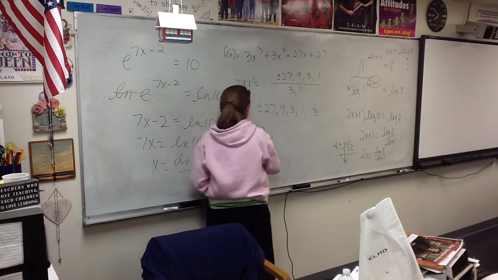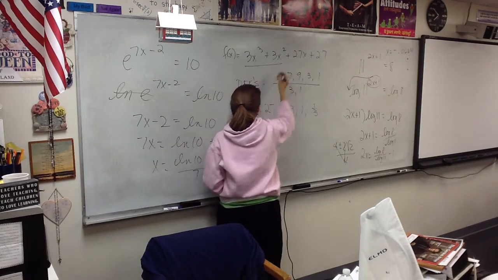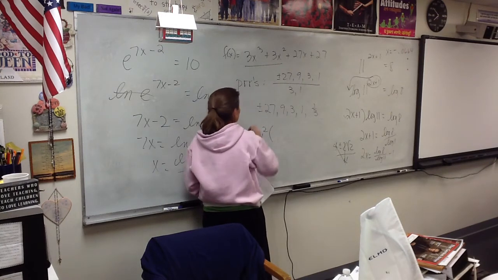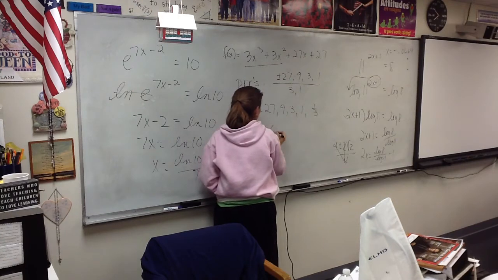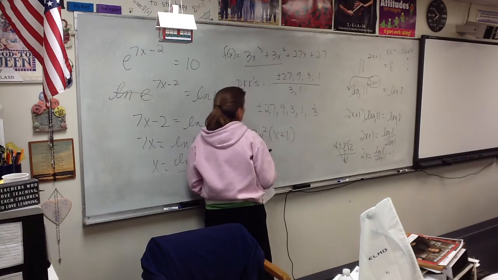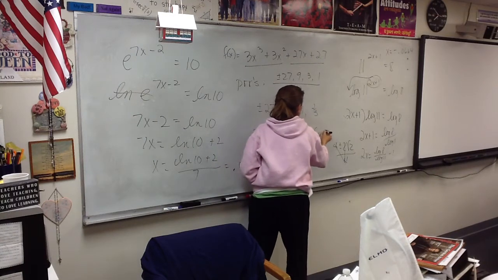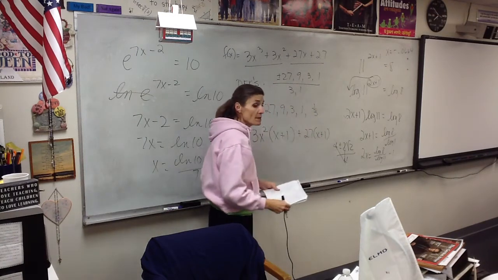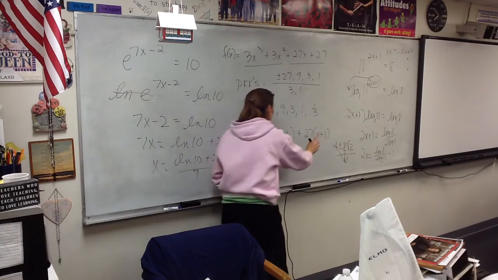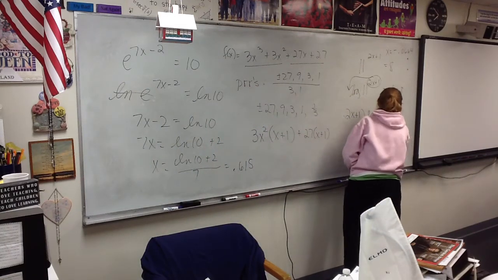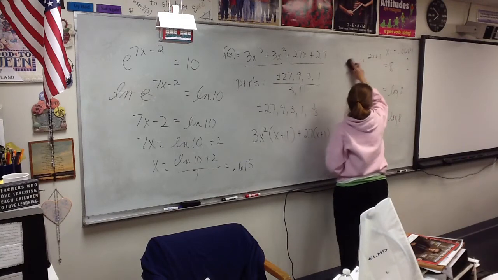I believe I am going to group the first two terms and take out a 3x squared, leaving me with x plus 1. Now I'm going to take the last two terms and take out a 27, which lo and behold leaves me with the same parentheses. This is very good news.